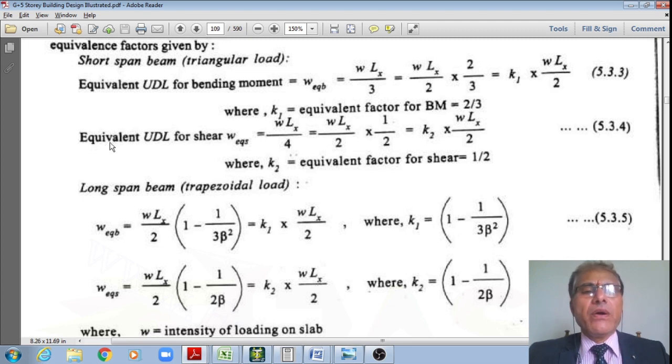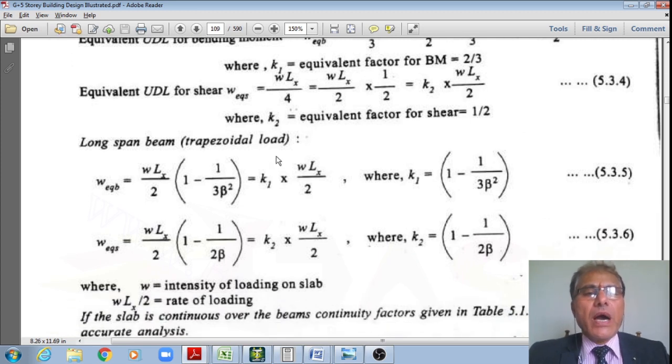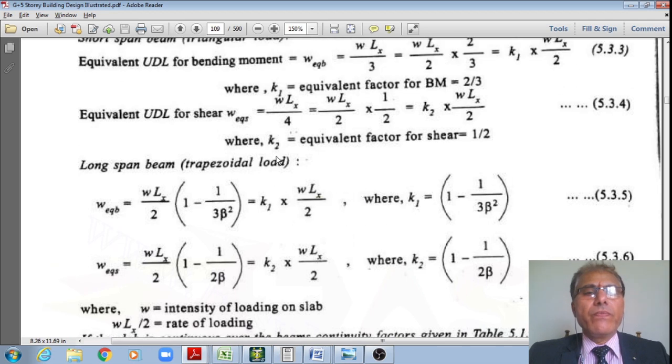Similarly, for the analysis of getting the shear forces and reactions, the equivalent UDL for this triangular load should be taken as W_ES, which is equal to K2 W Lx by 2, where K2 is equal to 1 by 2, which means it is equal to W Lx by 4.